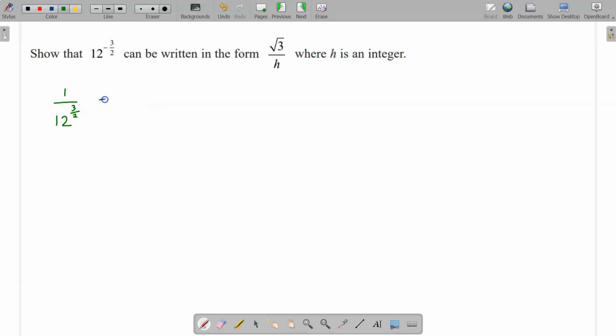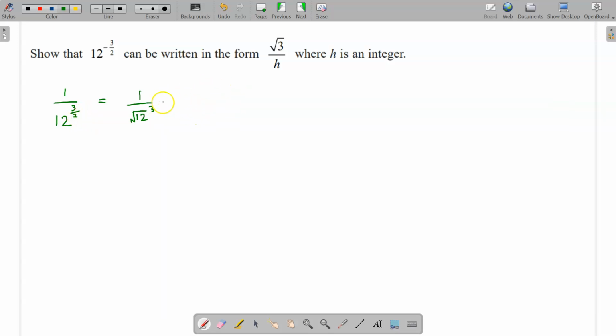And the next step, I'm going to do it like that. I'm going to take the root of 12. So I'm going to write it as 1 over the square root of 12 cubed, because the half means the square root.